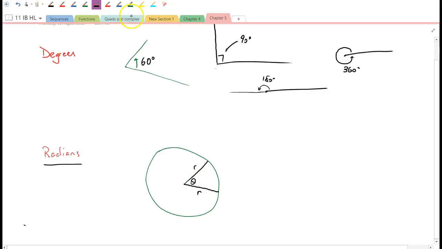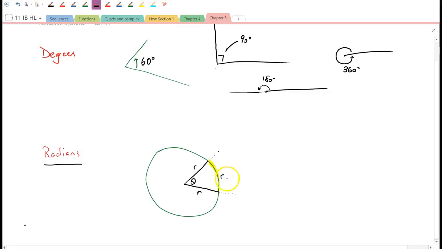Now, let's say I'm going to extend these radii out, that we have constructed an angle here between these two radii that subtends, there's a word I'll explain in a moment, subtends an arc length here that is also equal to R.